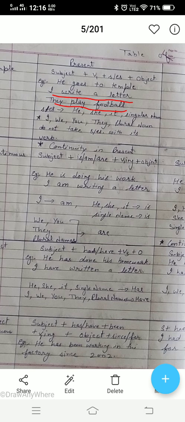When we use they we have used only first form, not s or es. So the conclusion is that s or es is used with he, she, it or singular name. So I, we, you, they and plural nouns do not take s or es with its verb.